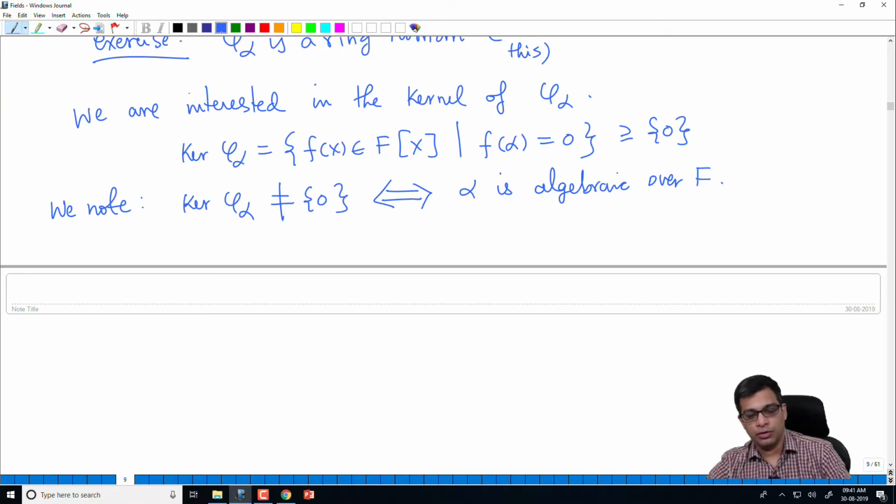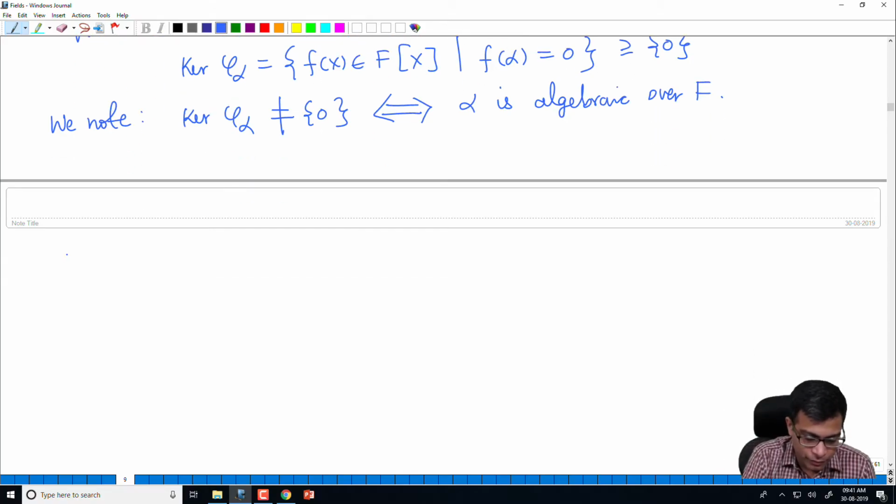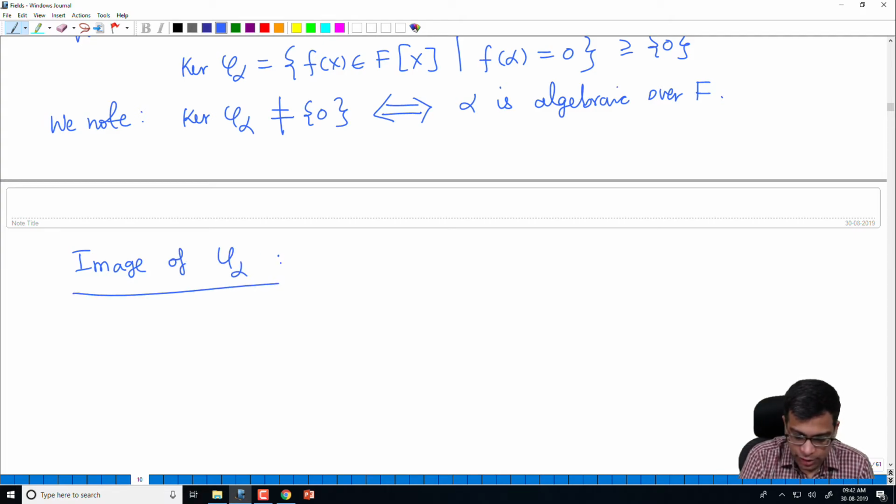So now this completely characterizes the two cases: whether alpha is algebraic or not is determined by the kernel of this map. So let's consider the two cases separately. Before that, kernel is connected to the notion of algebraic or transcendental this way. What is the image of phi alpha? Let's explore this.